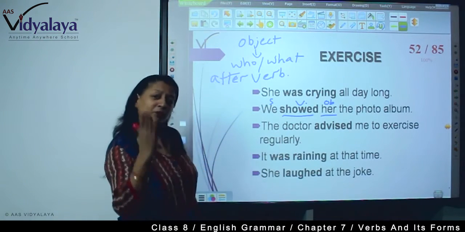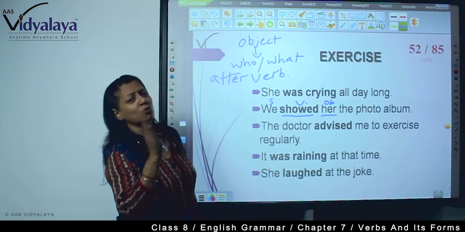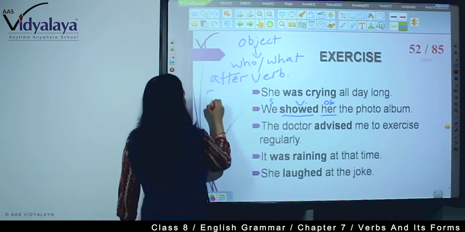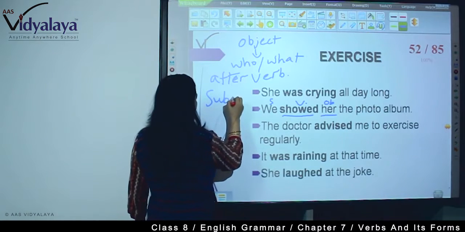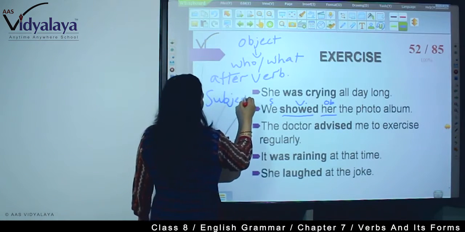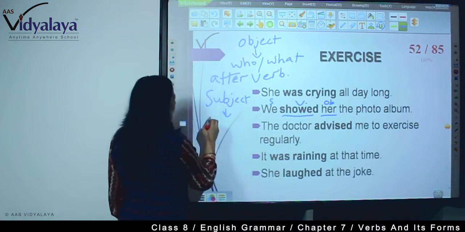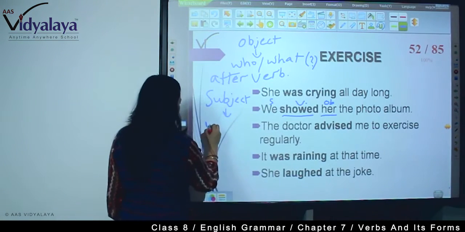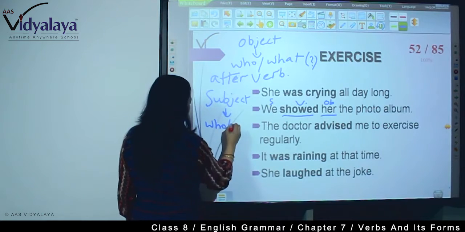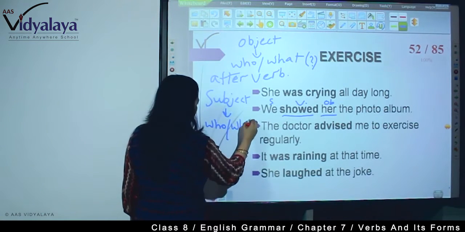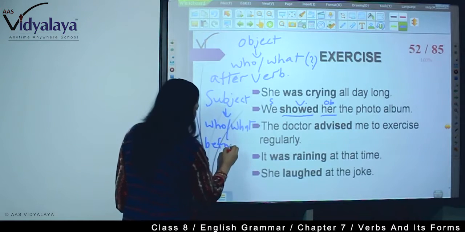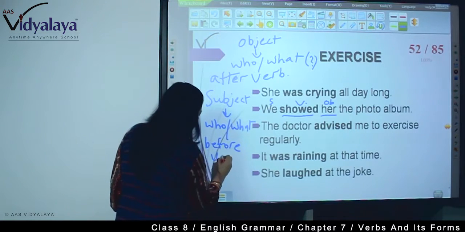And for the subject, before the verb you will have to ask who, what. Then that is the subject. To know the subject, we will have to ask who, what, that is before the verb. Before the verb.